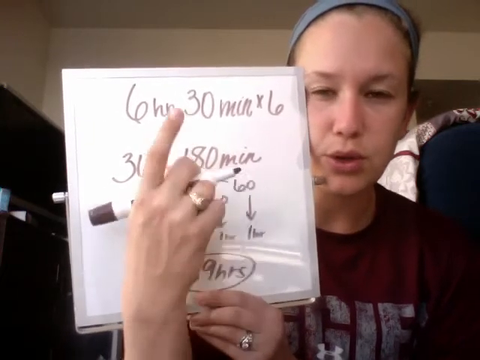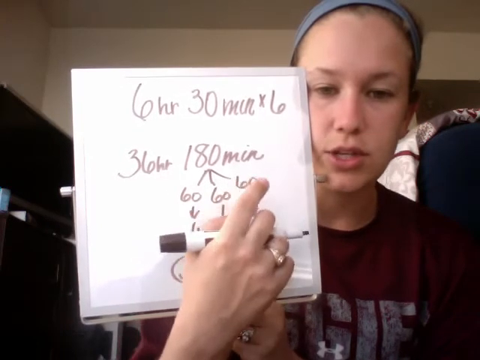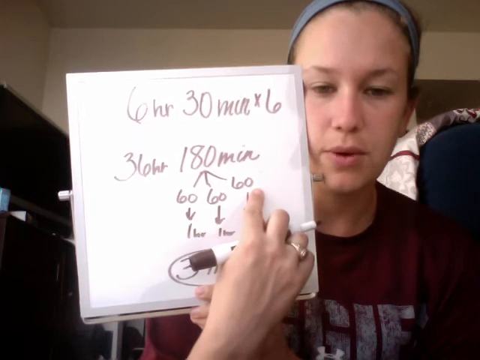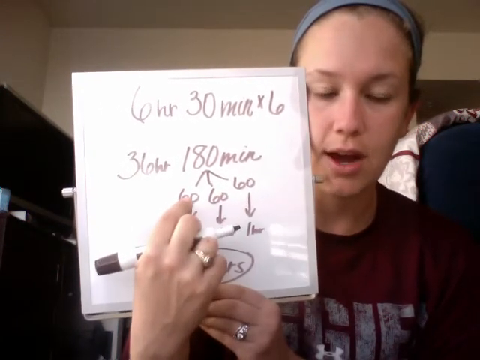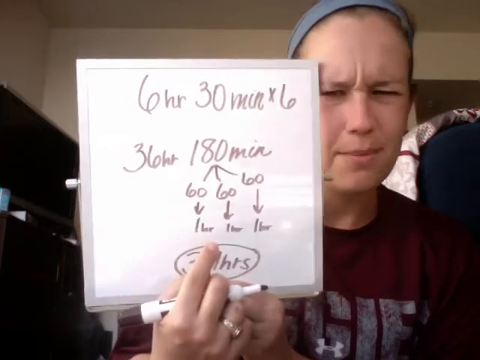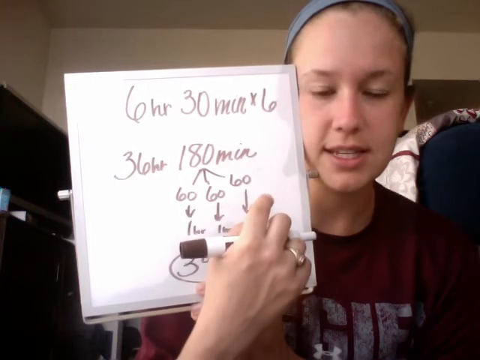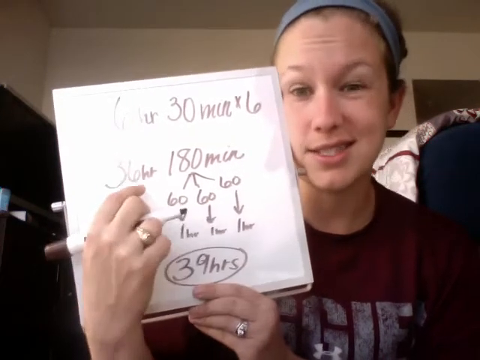But if you can't divide 180 by 60, you can just take away the first amount you need. So I took away 1 hour, I could take away another hour, and then I could take away another hour. Hopefully that makes sense. So I subtracted 60, and then I realized I could subtract 60 again, and then I realized I could subtract 60 again.